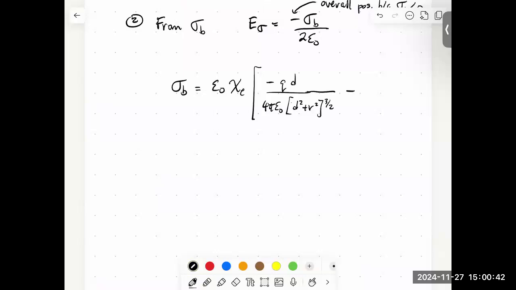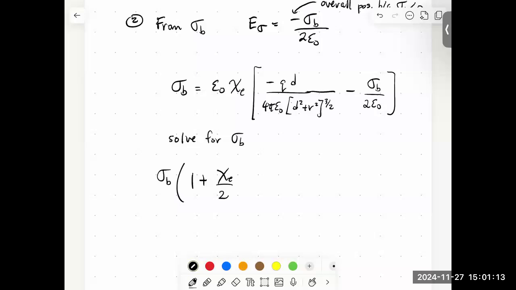Okay, and then we had from our bound charge the sigma over 2 epsilon naught. So solve for sigma B. Sigma B times 1 plus, the epsilon naughts are going to cancel, and we're going to get a chi over 2, I think.